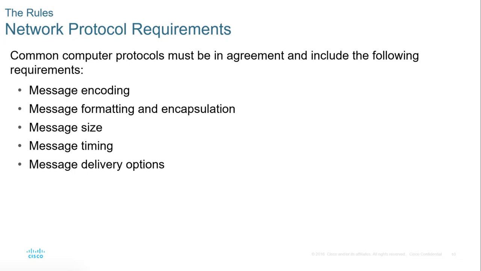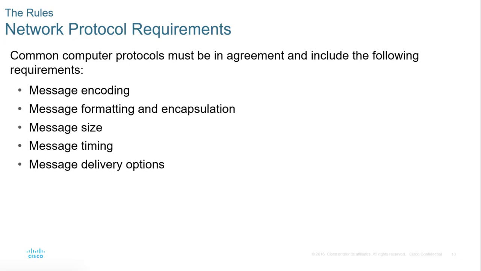Remember, we have the source and the destination, but in between there are other devices, so the capacity of those devices can't be the same. Between point to point, from A to B, A and B have to agree together what those two devices can receive, what they can handle. And even from B to C, still the same. They have to keep on agreeing. So there has to be what we call message size.